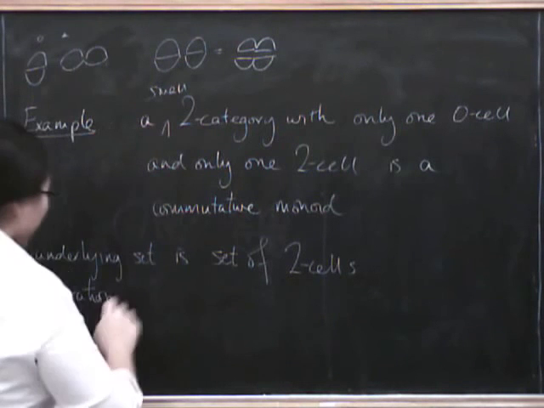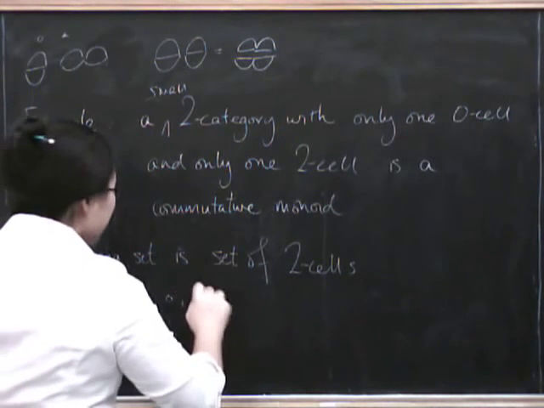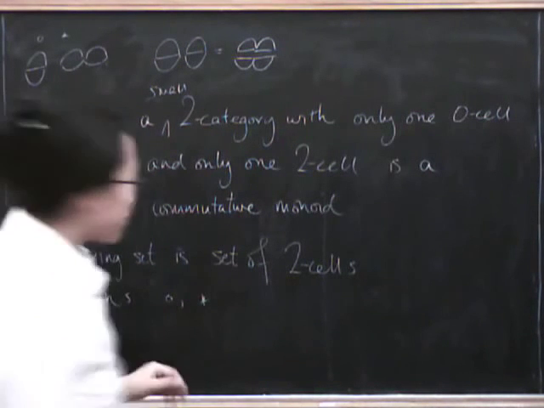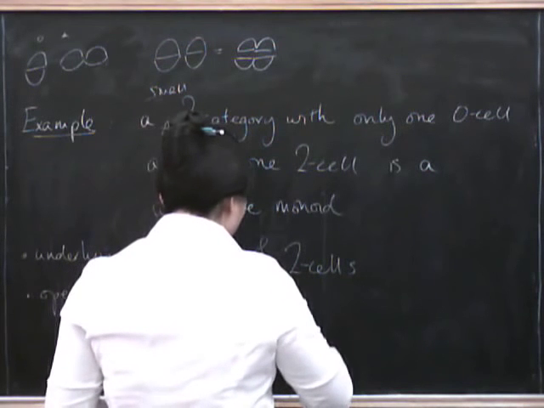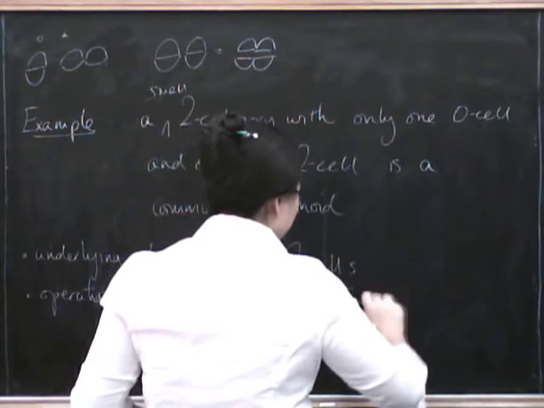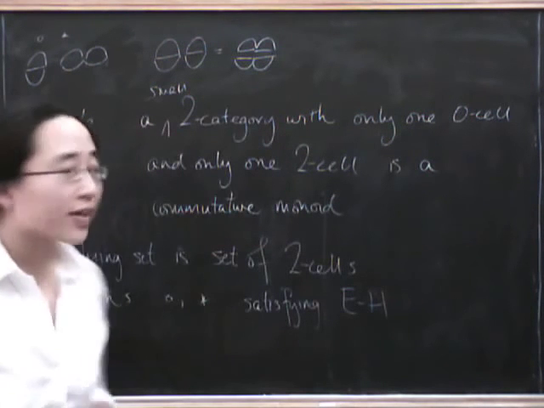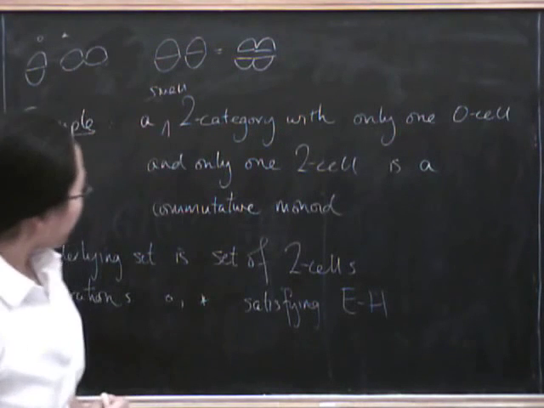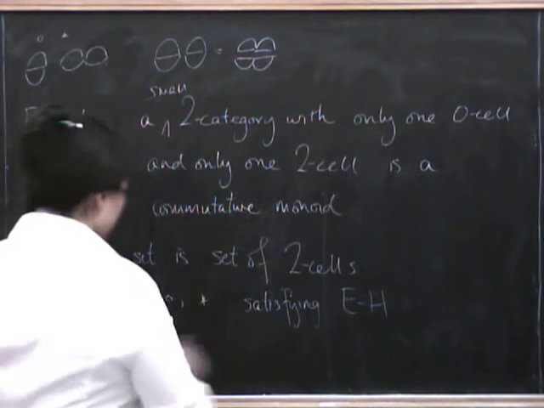Well, we've got 2 operations. We've got circle and star, but they satisfy the Eckmann Hilton argument. So what we get is that they're the same and they're commutative.